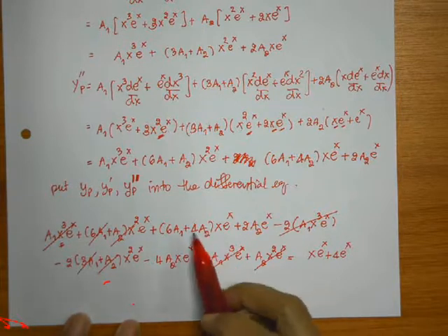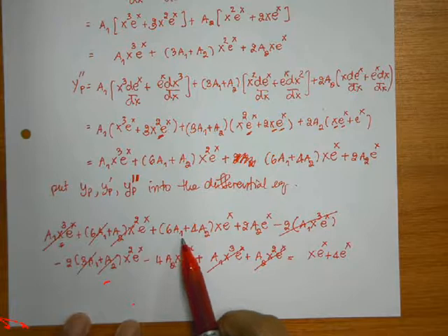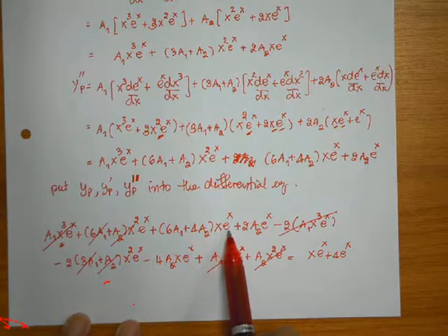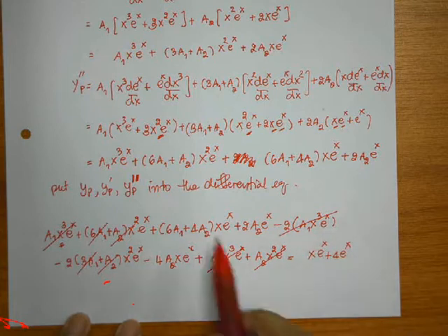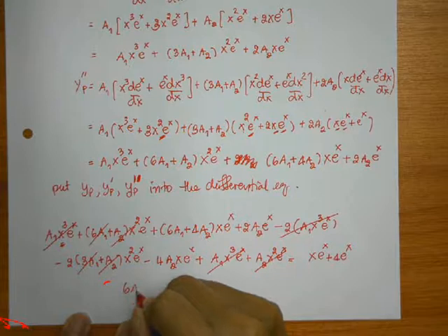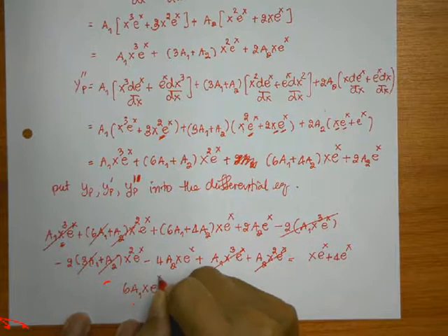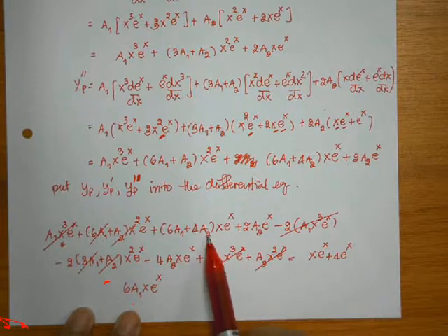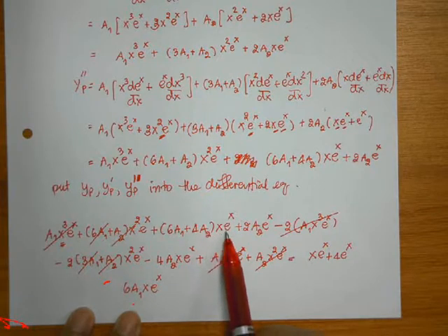We have 6a1 times x times exponential of x. We have only one term here. It just cannot cancel out with any term. We just write it down. We have 4a2x times exponential of x here.